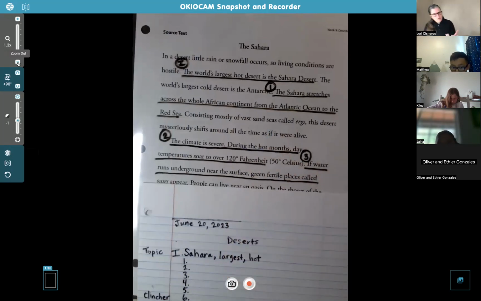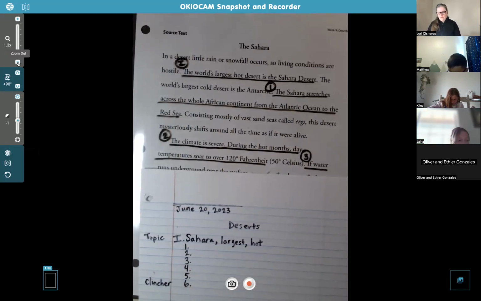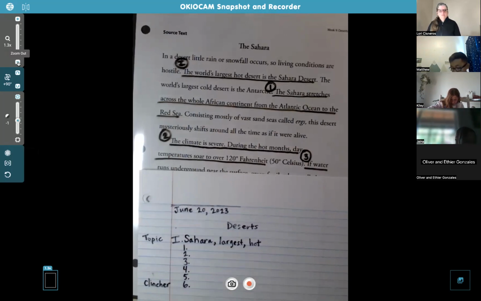And you're just going to choose key words from each one of those facts and put it in the outline, and then you'll write your paragraph using your outline. We're going to go over topic and clincher again next week. So you can try repeating or reflecting 2 or 3 keywords in your topic sentence and your clincher sentence, but we're going to talk about it more in class, and then I'll show you some examples of that as well.